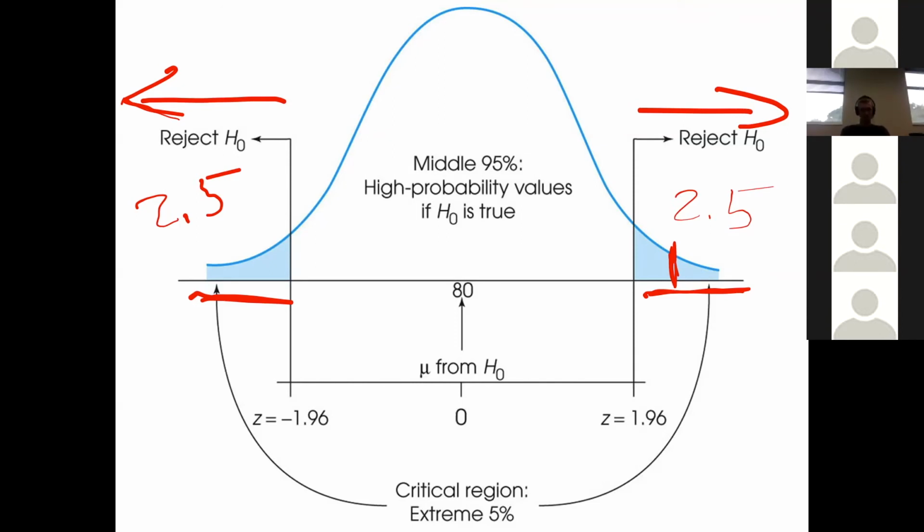We can say, based off of our two-tailed test here, with that alpha level of 0.05, or 2.5% in each tail, that the probability of getting that sample, if the vaccine did not have an effect, would be so low as to make it almost impossible.